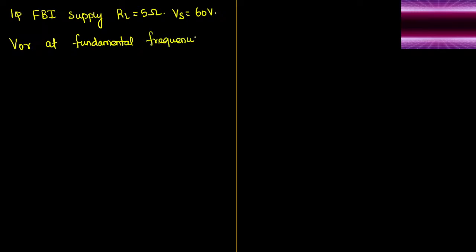Answer please. You can take your time. I will give 2 minutes. Start and drop your answer. Single phase full bridge inverter, load resistance given, supply voltage given. Output RMS voltage at the fundamental frequency is dash.